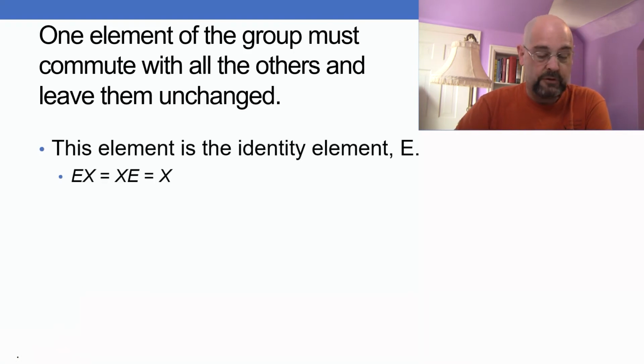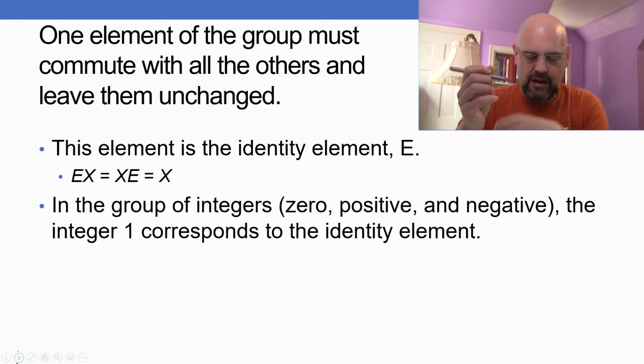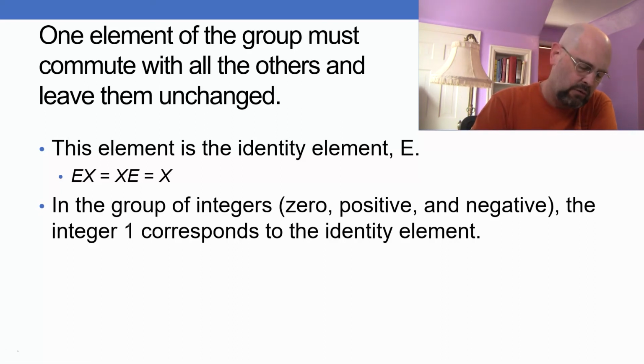Okay. We said that one element of the group must commute with all the others and leave them unchanged. We're going to call this the identity element E. So E times X is equal to X times E is equal to X. So in the group of integers, the integer 0 corresponds to the identity element, because if my product is addition, then any integer n plus 0 is equal to 0 plus n is equal to n.